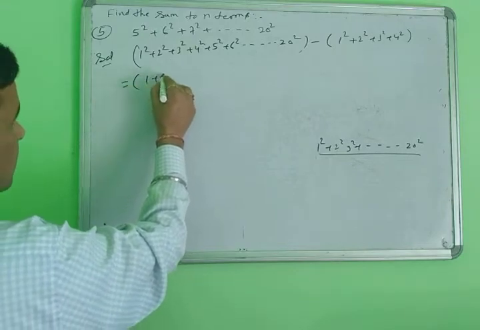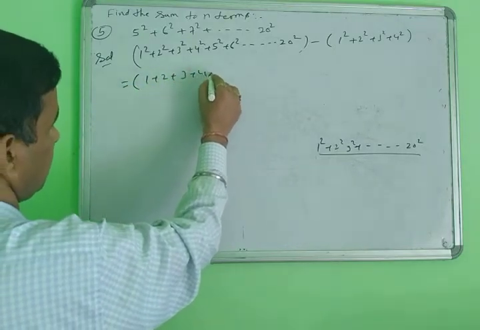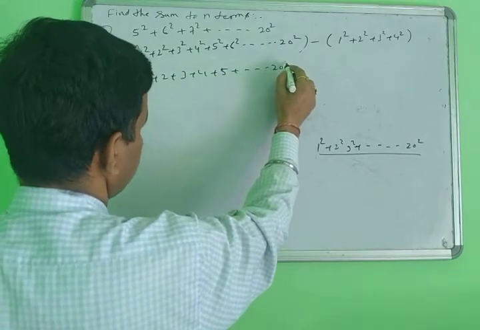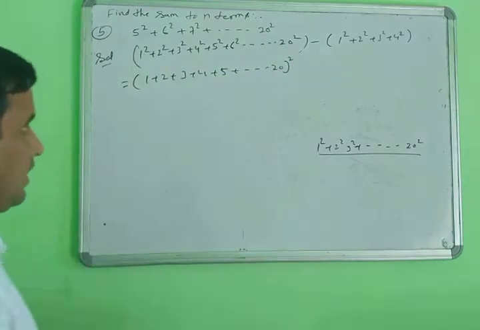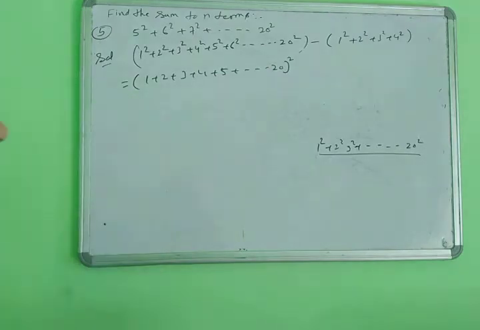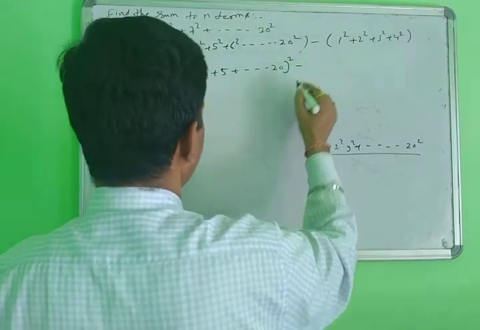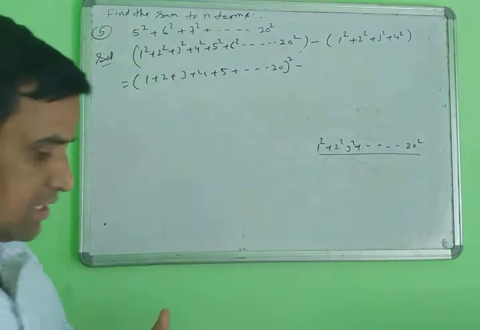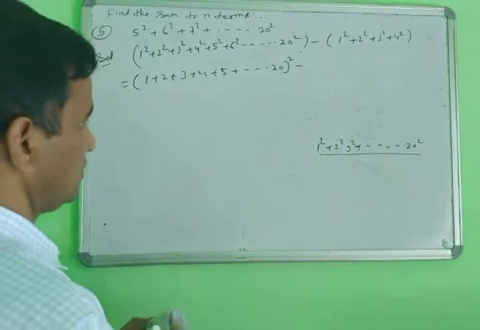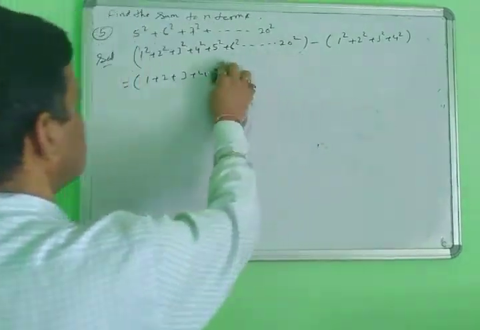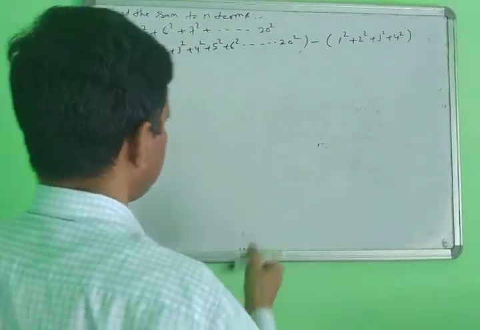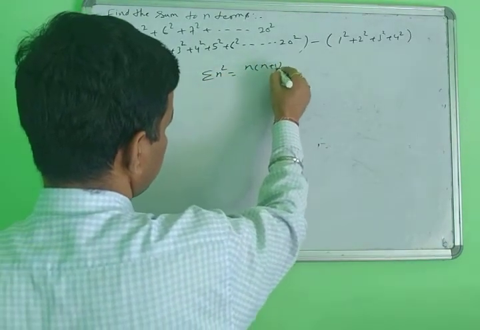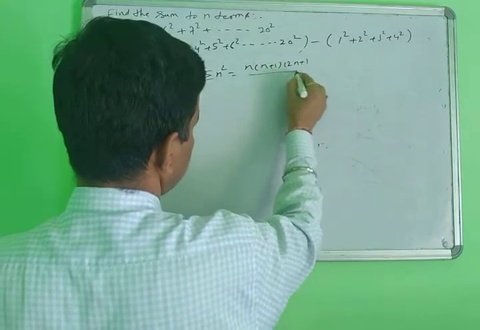Now 1 plus 2 plus 3 plus 4 plus 5 and so on up to 20. This is the whole square. You can directly use the sum of the squares of the n terms, which is sigma n square equals n into n plus 1 into 2n plus 1 upon 6.